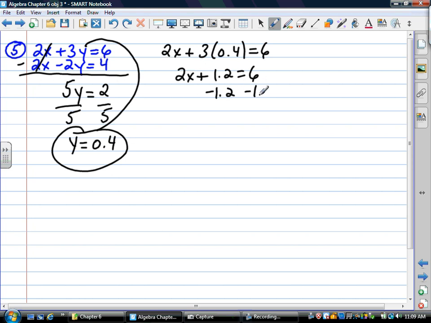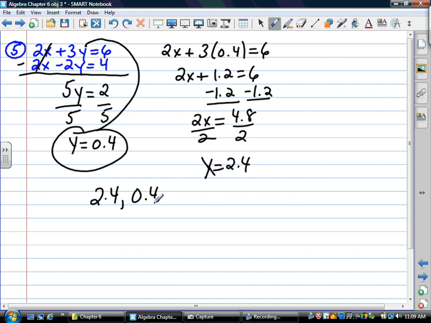Subtract 1.2 from both sides of the equation. 2x is going to be equal to, what's that? 4.8. Divide by 2, divide by 2. y should be 2.4. Oh, I'm sorry, x is 2.4. Your ordered pair solution is 2.4, comma 4/10.